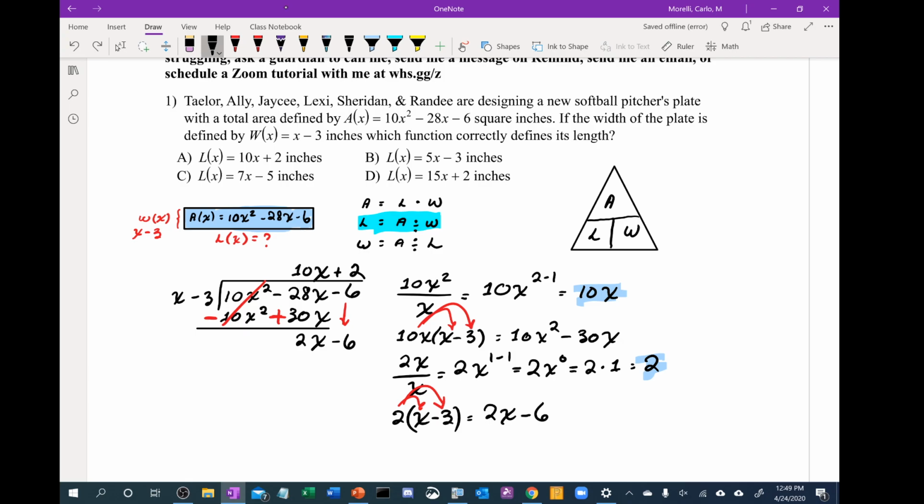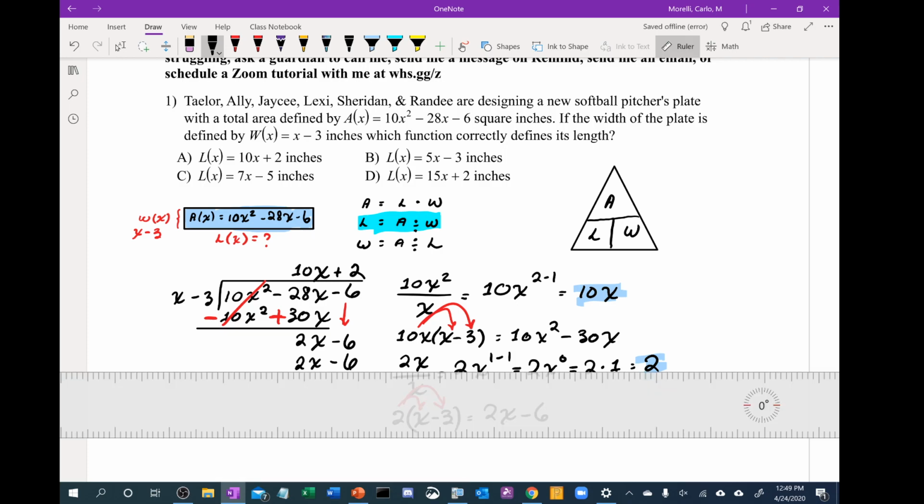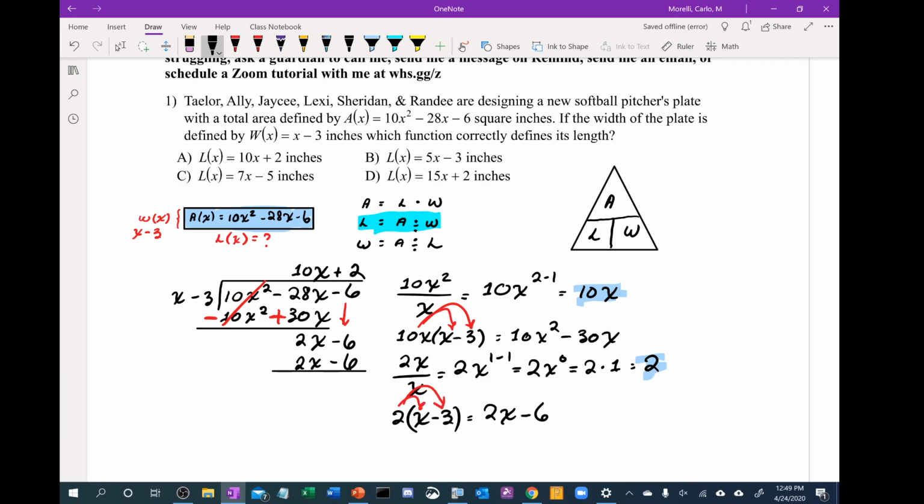Okay, so we'll write 2x minus 6, and then we draw a line, and we change both of our signs. They both cancel. There's no remainder. This is the quotient, 10x plus 2, and that is the length.